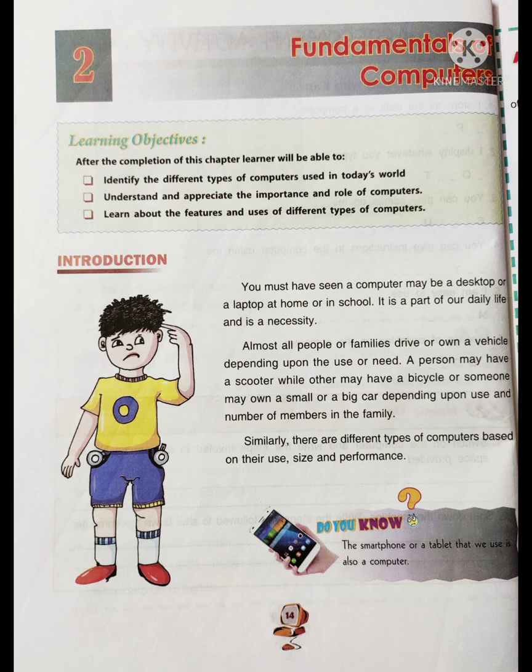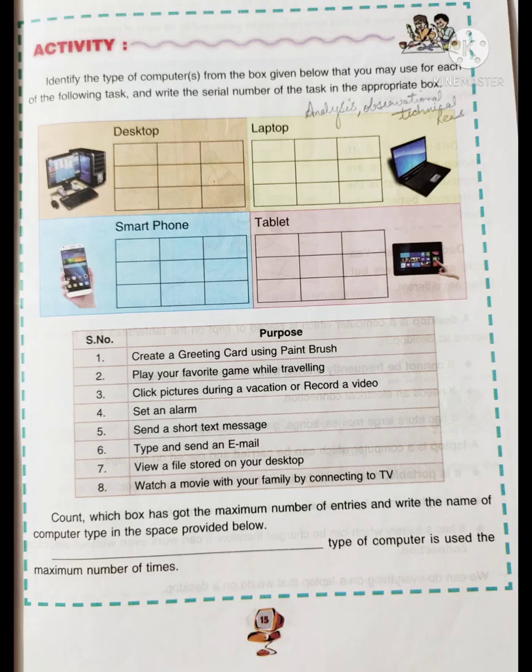Now on the next page, page number 15, there is one activity. Identify the type of computers from the box given below that you may use for each of the following tasks, and write the serial number of the task in the appropriate box. Now they have given 4 different types of computers: desktop, laptop, smartphone, and tablet.